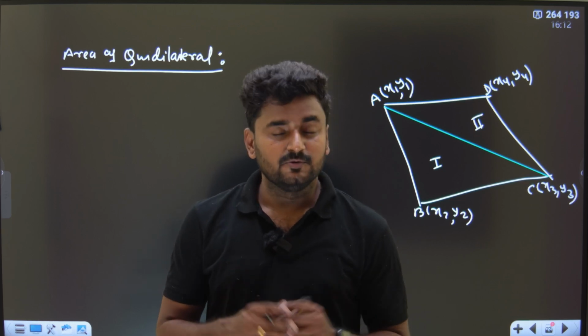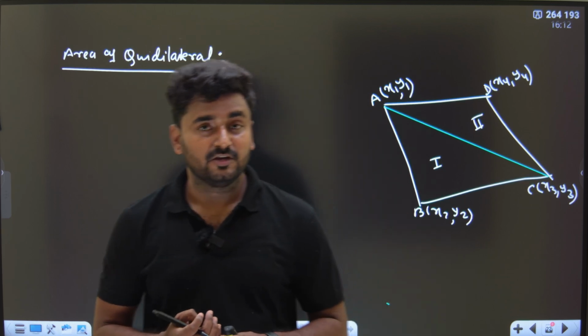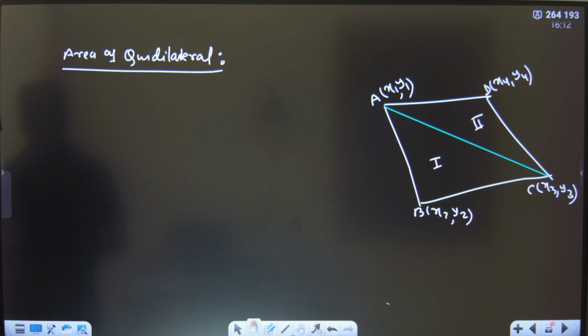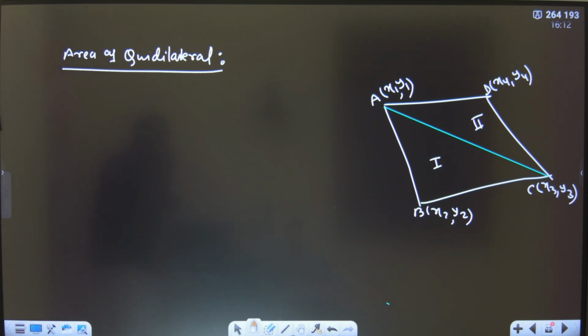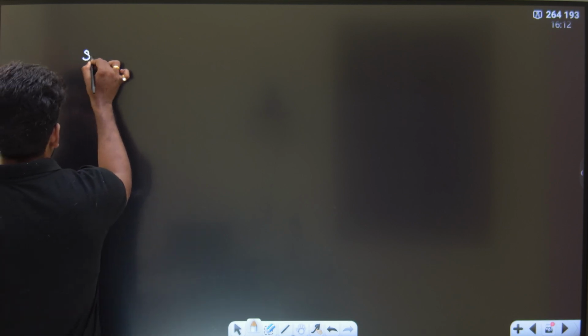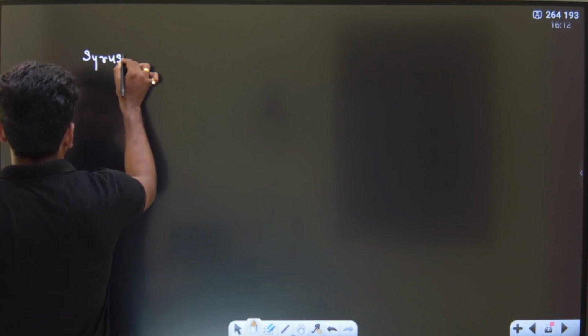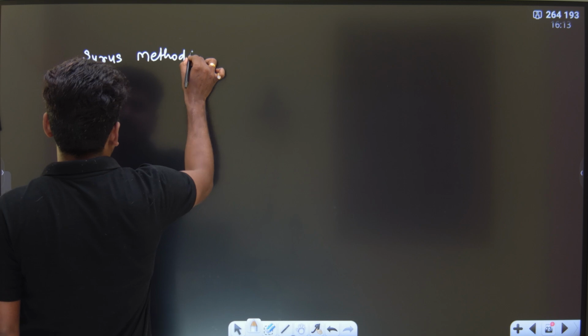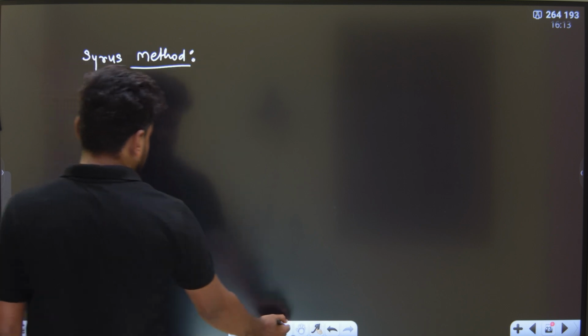So I am giving you another method for finding the area of quadrilateral. Okay, all right. Let us see that method, its name is the Sarrus method. By using the Sarrus method, we can find the area of quadrilateral very easily.